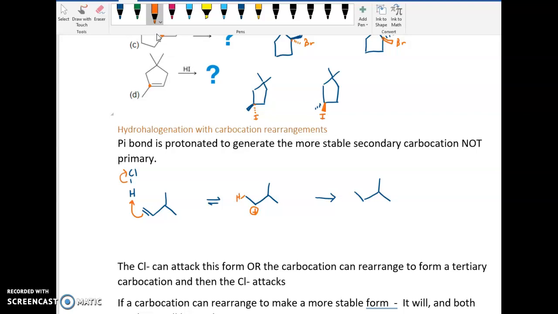Okay, that's a secondary carbocation. It's got only 2 substituents on it. Wouldn't it be nice if we had a hydrogen or a proton here that could migrate down and give us a tertiary carbocation?